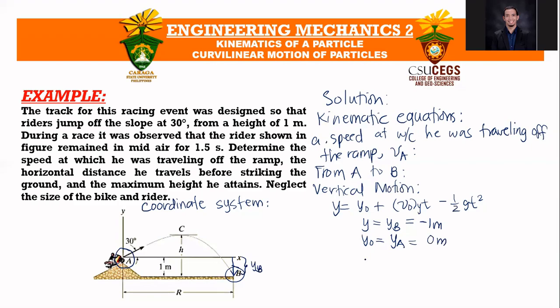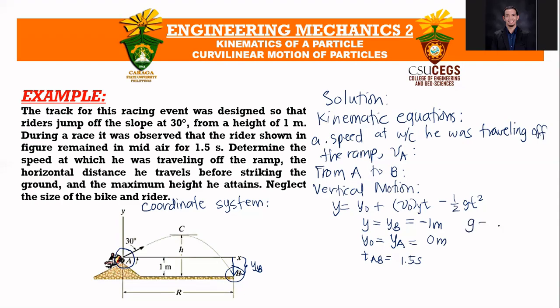For the time, ang time nato is from point A to B and that is equal to 1.5 seconds. Kaya ang meaning mismo sa statement na it was observed that the rider remained in mid-air for 1.5 seconds, it means that ang time niya from point A to point B is equal to 1.5 seconds.